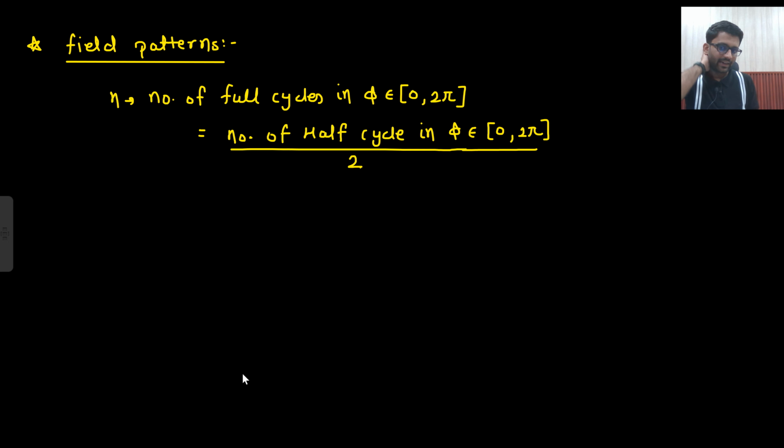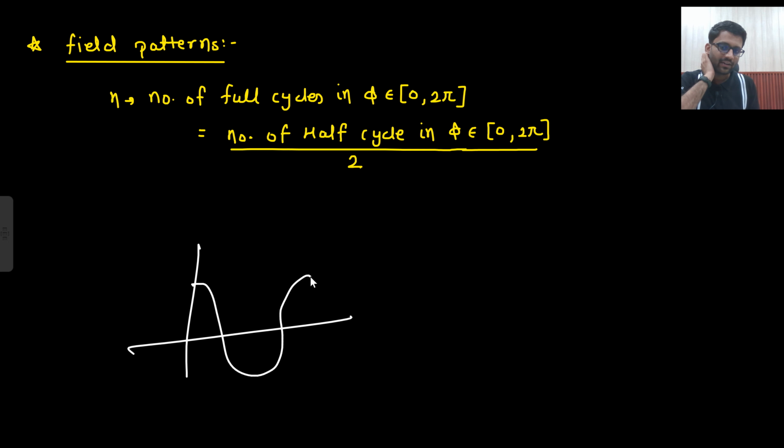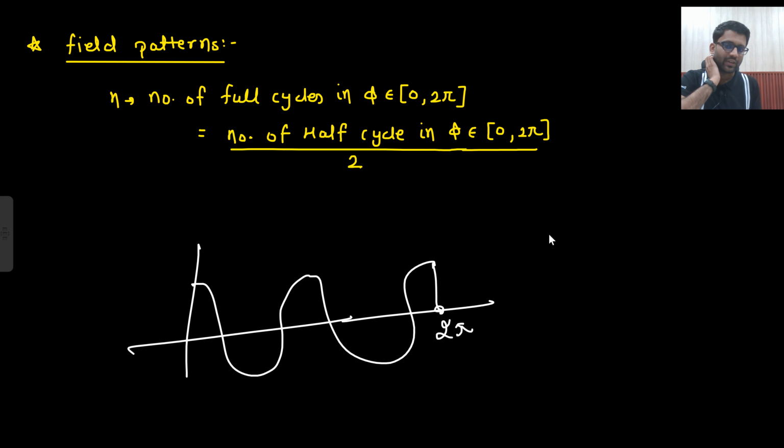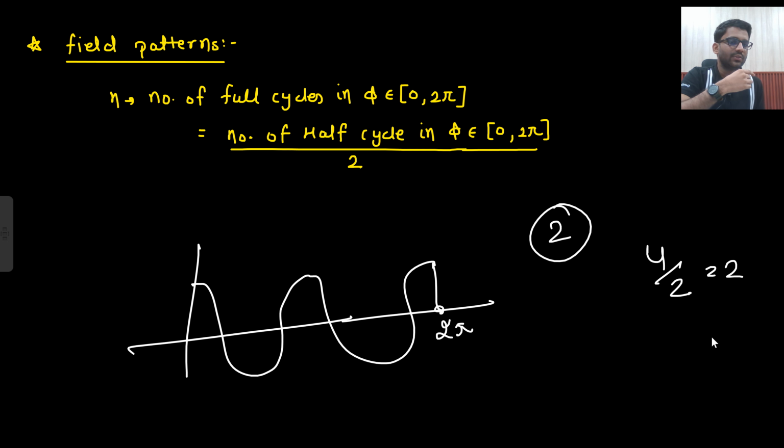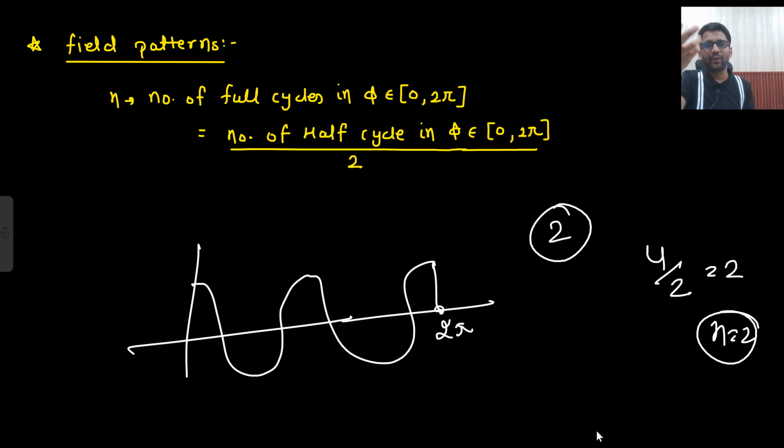Let's just say this is your 2 pi. Here you are having 2 full cycles and 4 half cycles. So in the 0 to 2 pi range you have 4 half cycles divided by 2, and that is the value of n. So n is 2. Are you getting this point? Either you calculate full cycles or you calculate half cycles divided by 2. So that is your n.